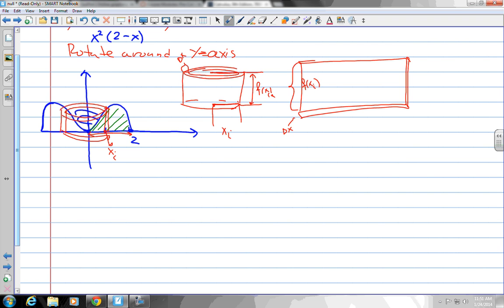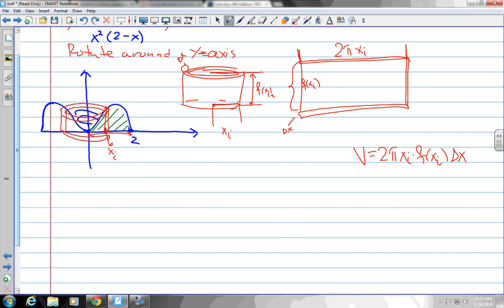Well, what about this side? 2 pi x sub i. This is the circumference of the base, which is 2 pi r, and r is x sub i, so it's 2 pi x sub i. So the volume of this thing is 2 pi x sub i times f of x sub i times delta x. This is the volume of each of those shells.